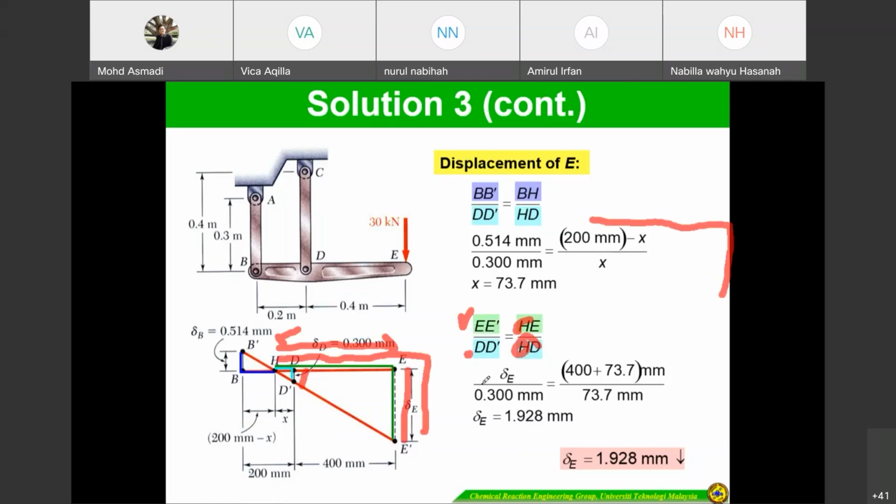So displacement of E, just rearrange, we can get displacement 1.9228 millimeter. It's positive, so it's tangential. Okay, is it clear?